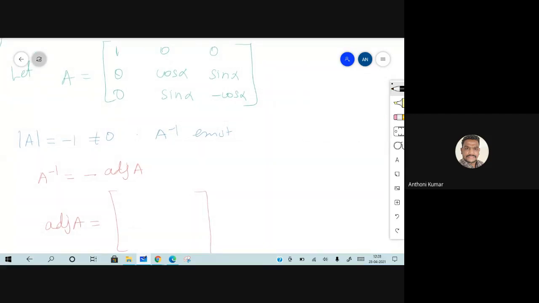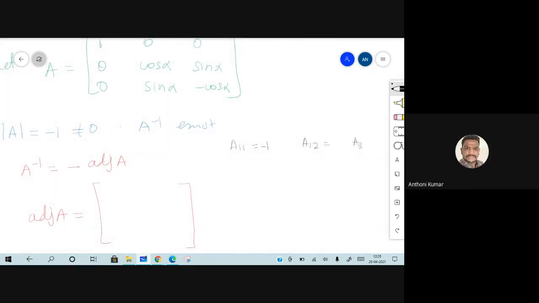One by one, tell me the cofactor of A11. It should be minus 1, no? Minus 1, sir. Then A12 is 0, A13 is 0, A21 is 0, A22 is minus cos alpha.